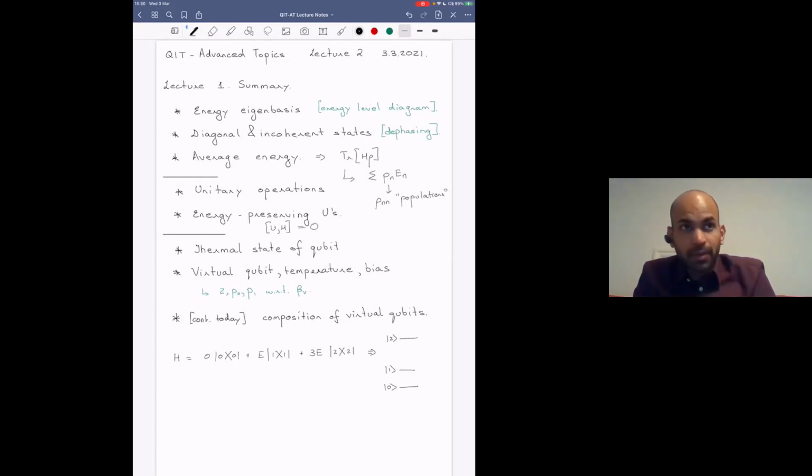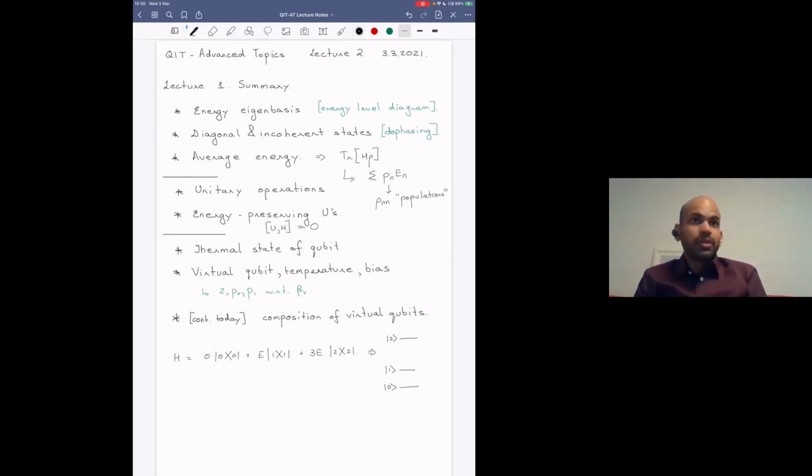And the result was that they preserved energy, which is not only that they didn't change the average energy, but also that they can be written as block diagonal matrices in the energy eigenbasis of the Hamiltonian. And I expect today you discussed a tutorial problem related to that concept.